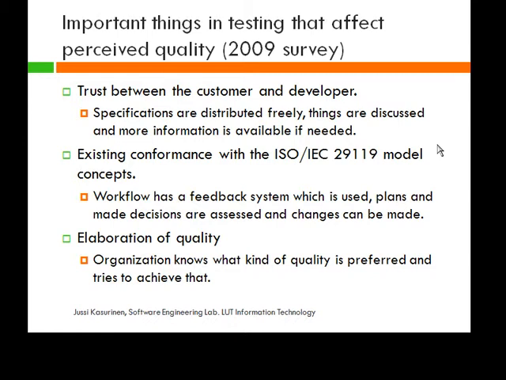Organizations which have identified and communicated the quality characteristics they feel are important also are more confident that they are actually doing things correctly. That's important because, based on the same quality models as Garvin, as discussed earlier, we also noticed that different people in software organizations consider different quality characteristics important.